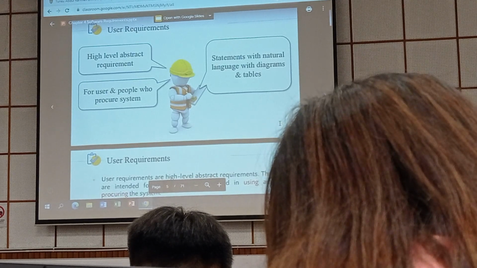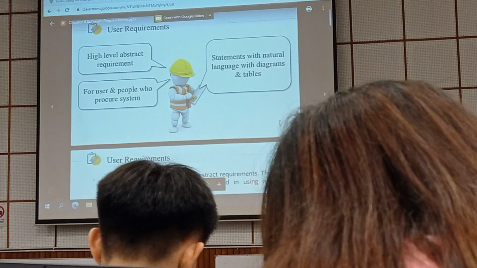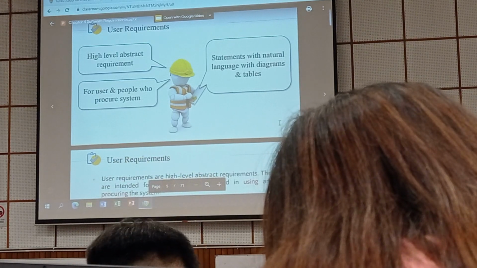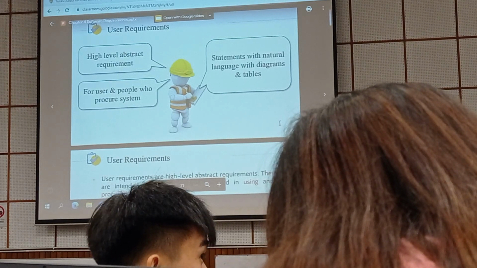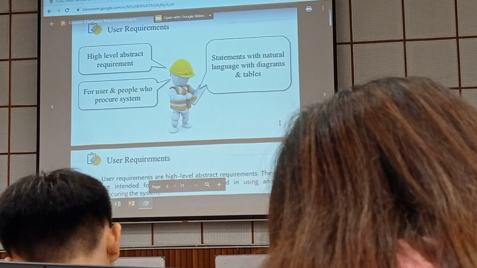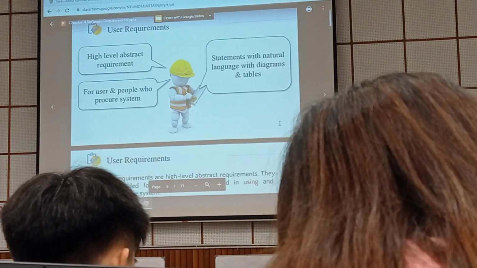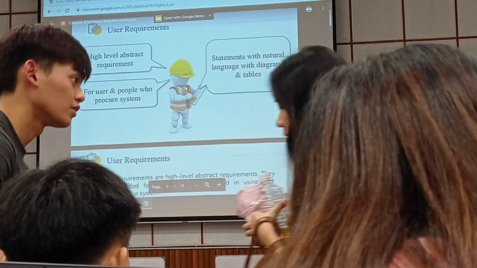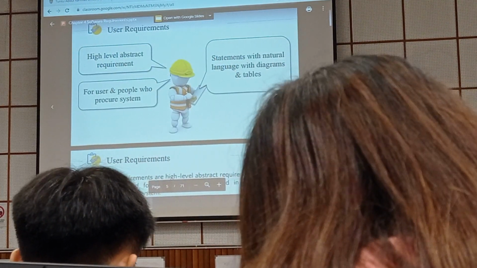Remember the data gathering techniques, because you cannot simply go and ask freely, hello, what do you want? To gather the requirements you use data gathering techniques, either interview, observation, questionnaire or case study. It could be anything, you can use any approach to gather the requirements.